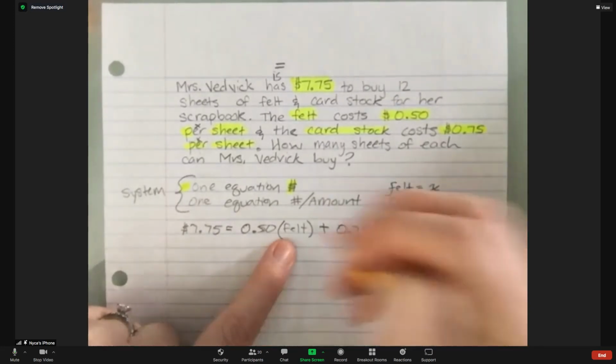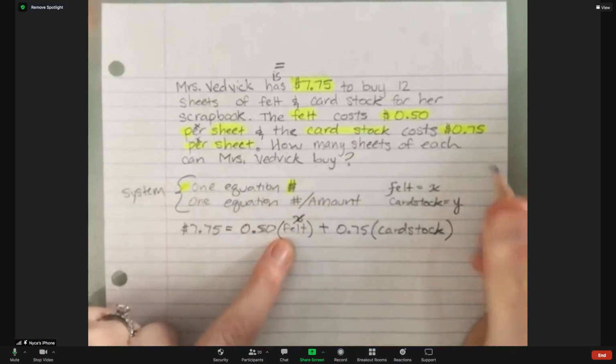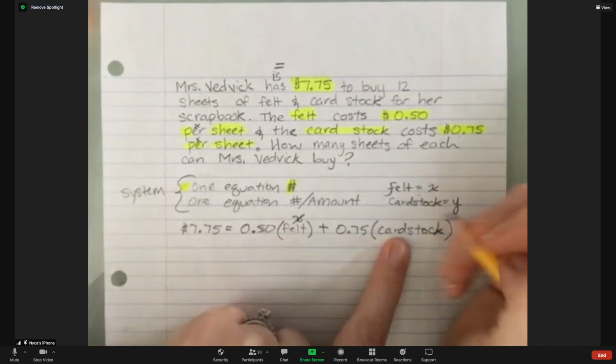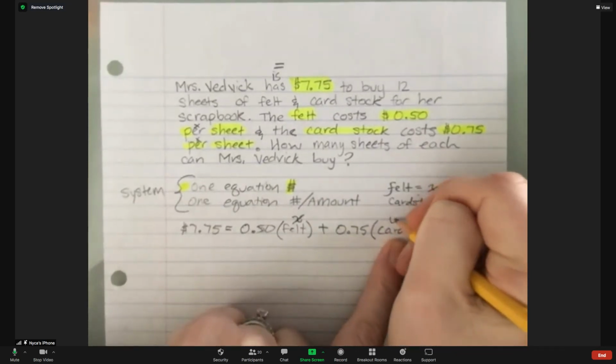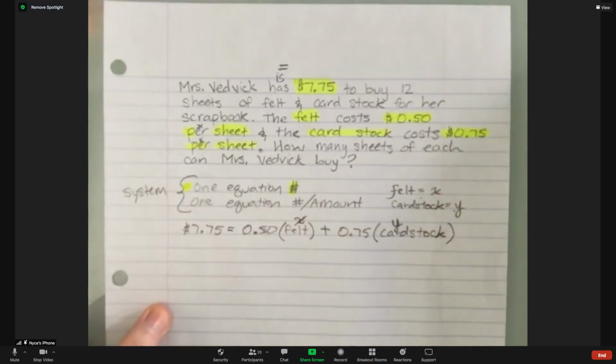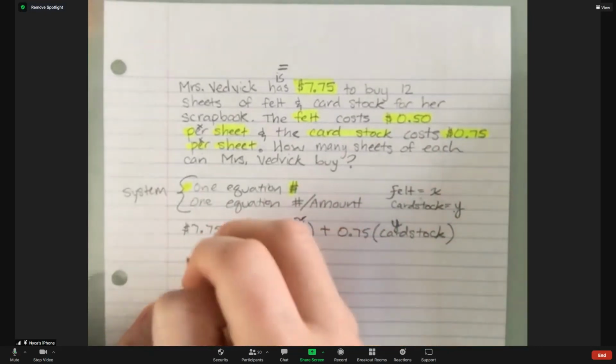Now, wherever we have felt, we're going to put our X there because we've determined that we want to make that the X. And then the cardstock, I'm going to make that my Y. We have our first equation.